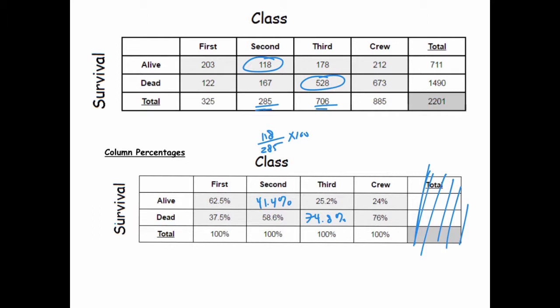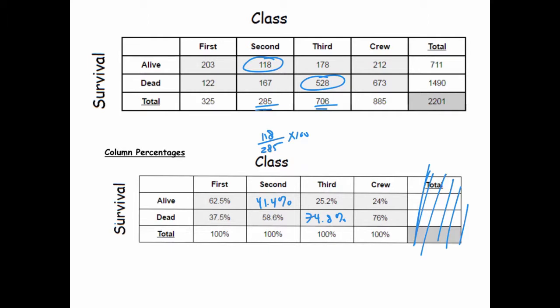The first 62.5% is the percentage of first-class passengers who survived, and the 41.4% is the percentage of second-class passengers who survived. They're coming from two different groups, and we're not comparing them to the same total, so you don't add them. That column doesn't belong there.